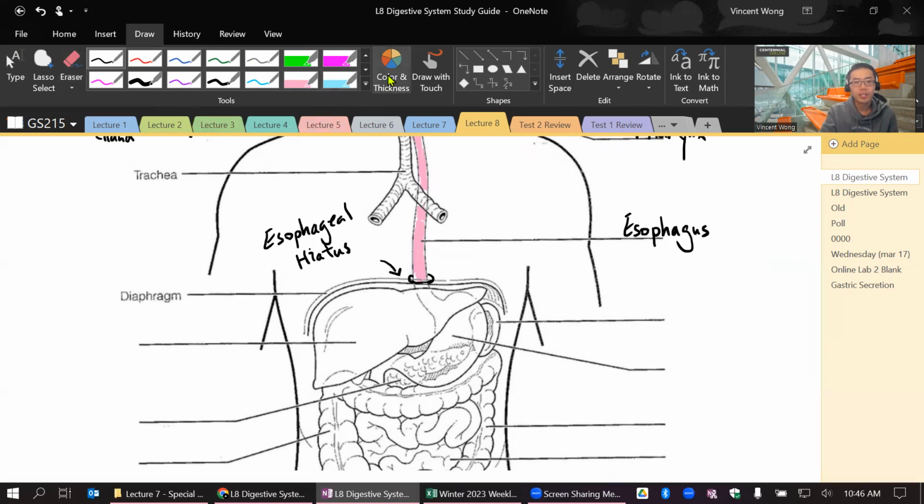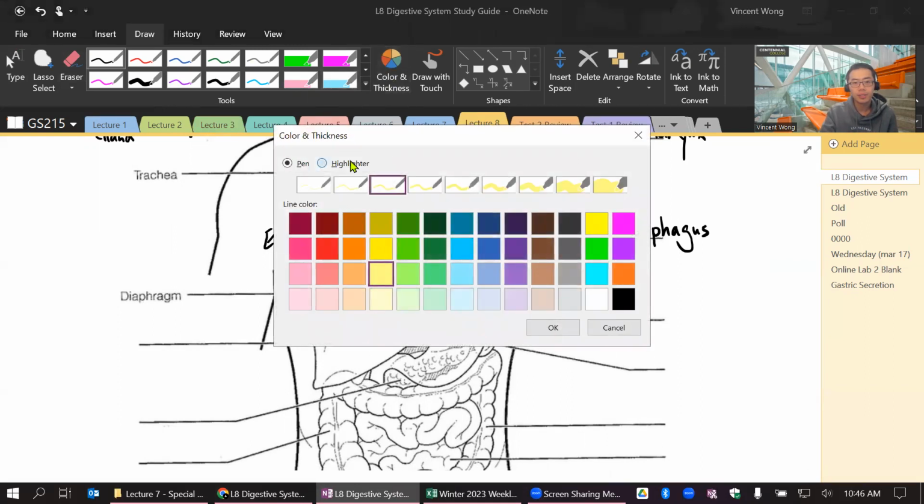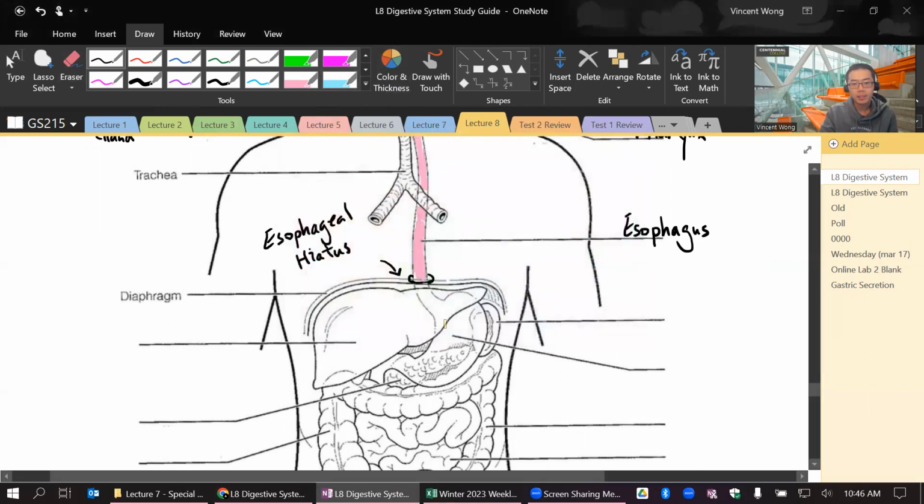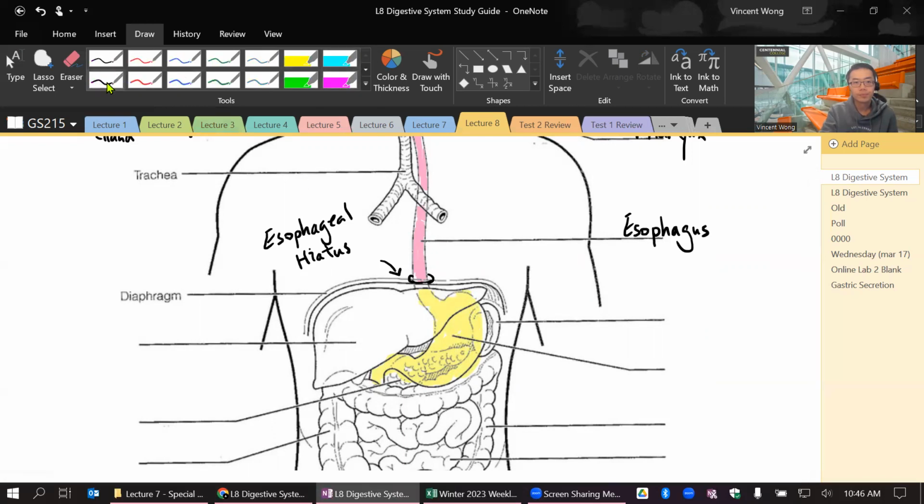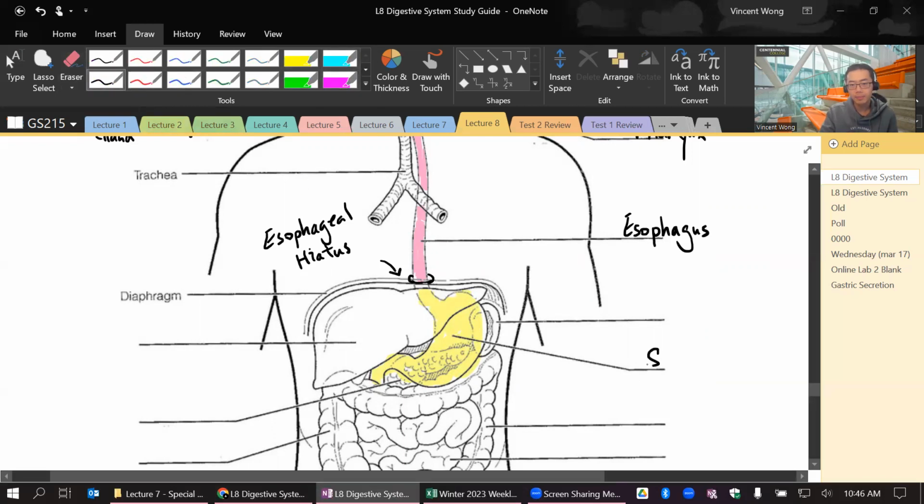Okay, then we have our stomach. Let's just choose a light color here. That's the stomach.